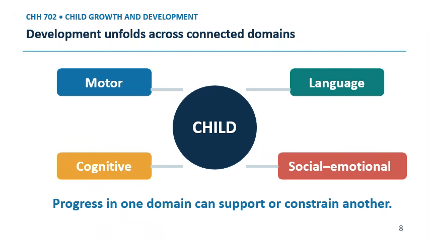Therefore, when concern arises in one domain, we should look at the whole developmental profile rather than assume it is an isolated problem. We should also consider vision, hearing, health, caregiving, and environmental stimulation because these can influence several domains at once.